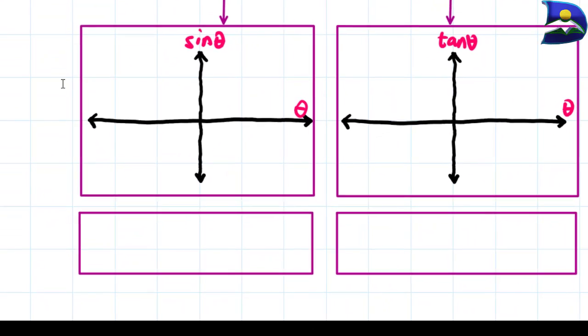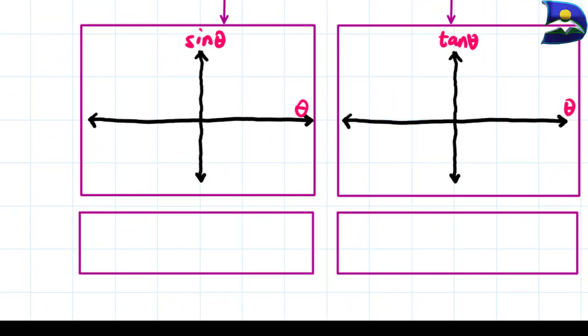Now looking at our sine, which is the opposite over the hypotenuse, the graph for this particular trig function starts at 0 for the zero angle, then moves up to the maximum at 90 degrees, moves back to 0 at 180, and then to -1 at 270 degrees.